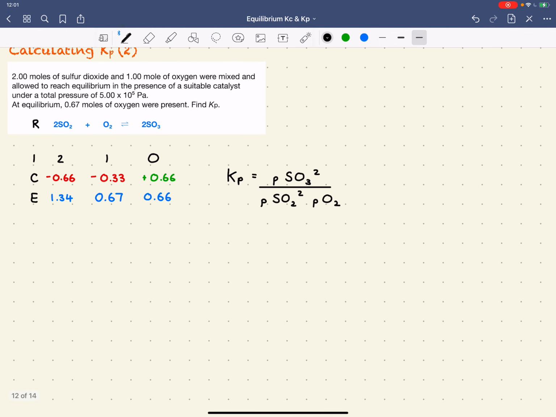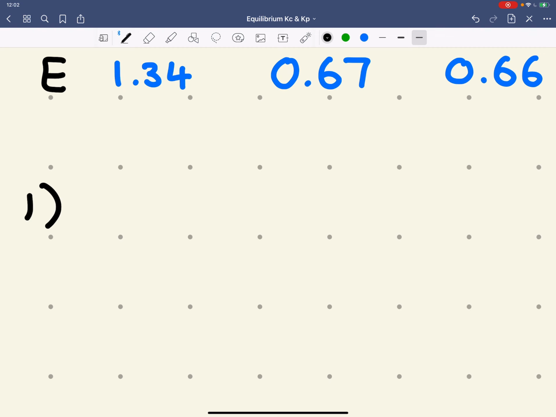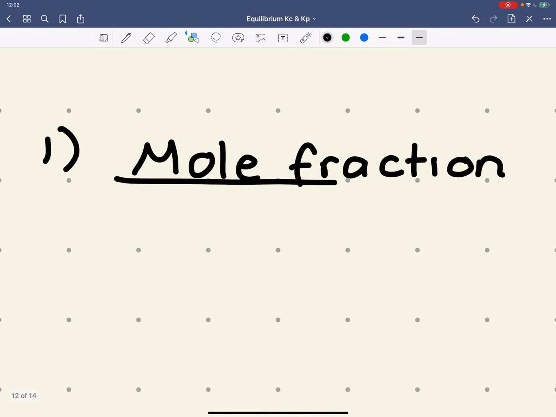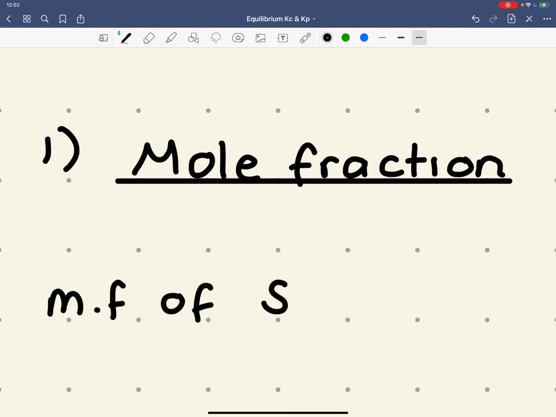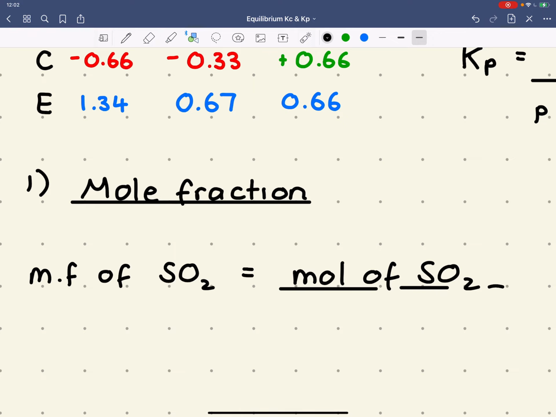So we've got the moles at equilibrium here. We need to work out the partial pressures. And if we looked at the previous video, calculating Kp 1, we should be able to do this. First thing we do is work out the mole fractions. So the mole fraction of SO2, remember, is equal to the moles of SO2 divided by the total moles.